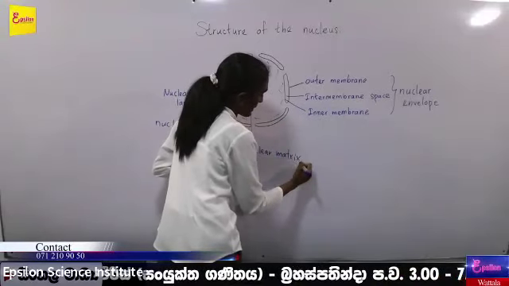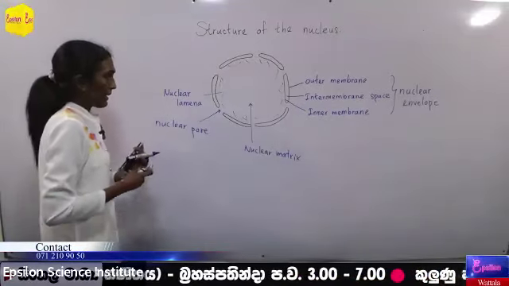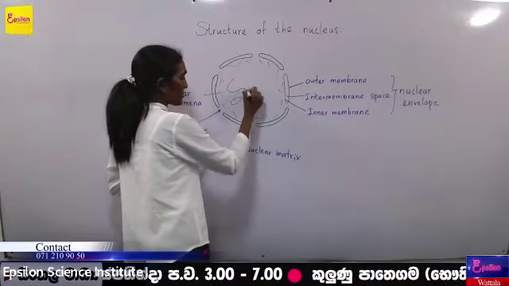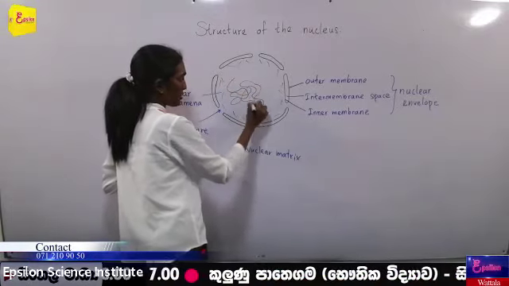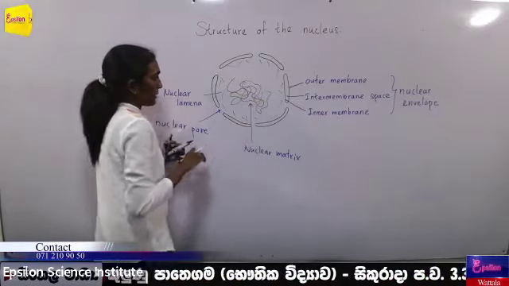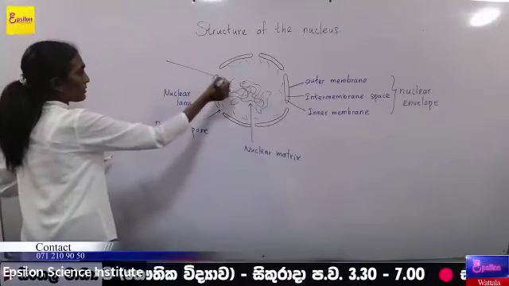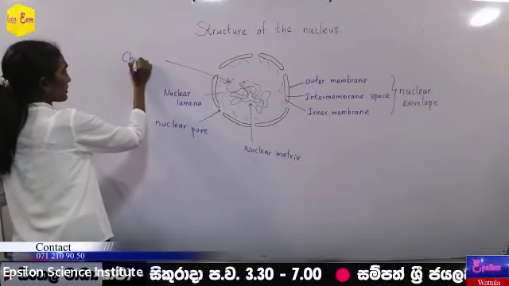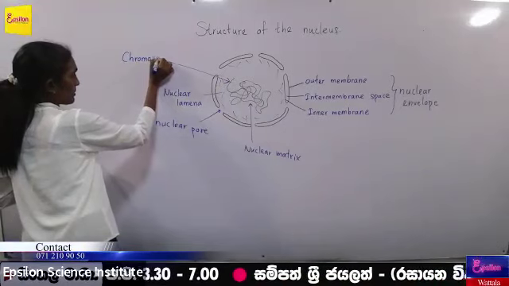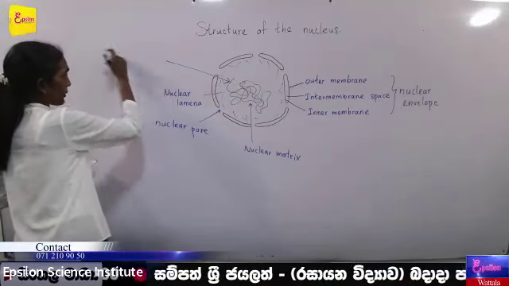In the nuclear matrix, they are having chromosomes. Chromosomes means DNA plus histone proteins. Chromatin, network of chromatin we can say, right?